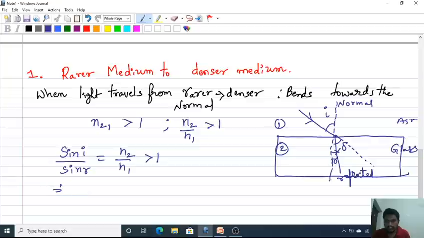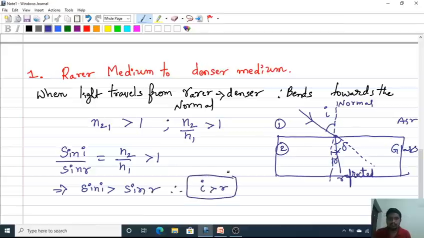So that implies sin i is greater than sin r. Therefore, i is greater than r. So when light is traveling from rarer to denser medium, it bends towards the normal, and the angle of incidence is more than the angle of refraction. Okay, this is the first case.